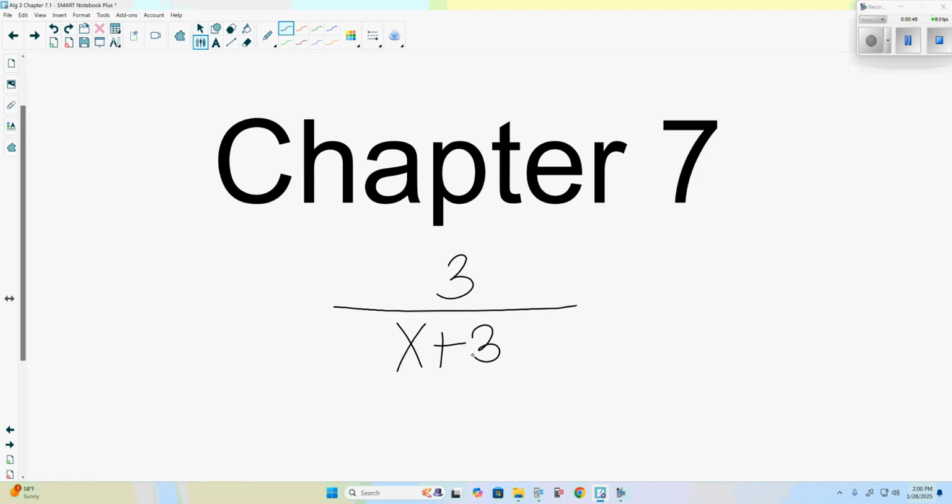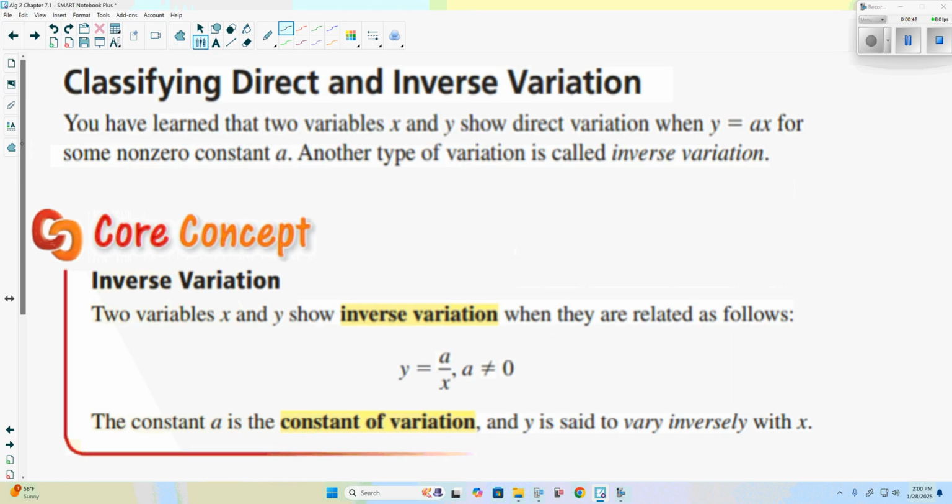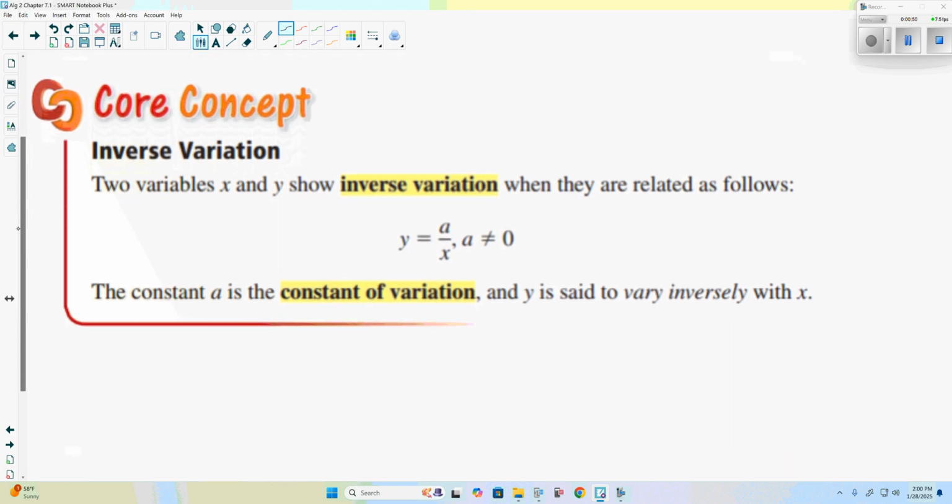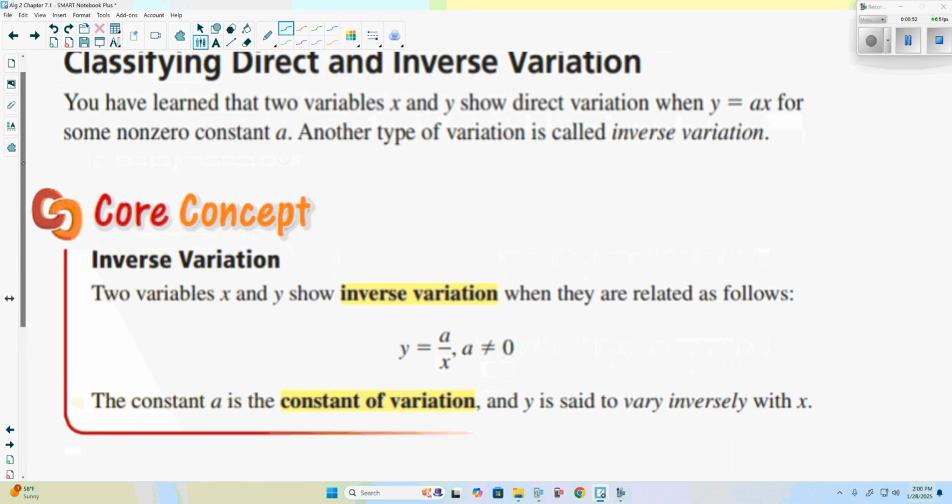But before we delve too far into that, we're going to start off with inverse and direct variation. Direct variation, I've talked about a little bit in Algebra 1. Direct variation comes in the form of y is equal to a times x. As one of the variables increases, the other is going to increase. As one decreases, the other is going to decrease. They affect each other directly.